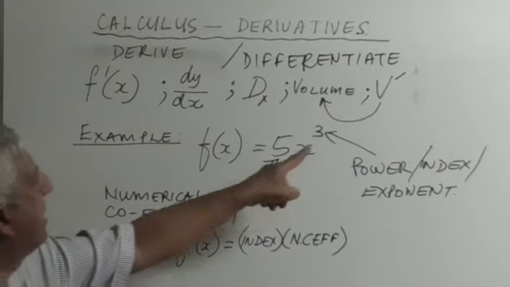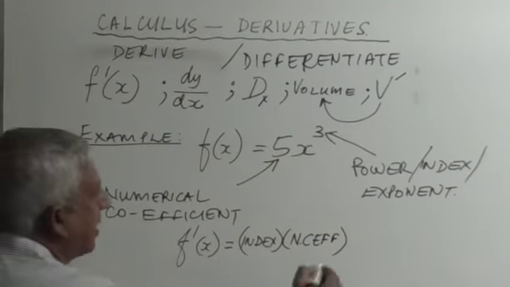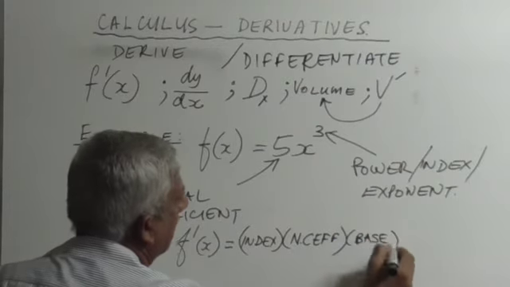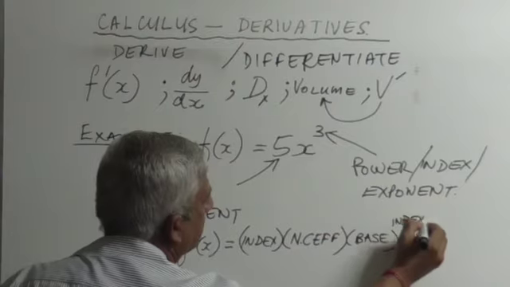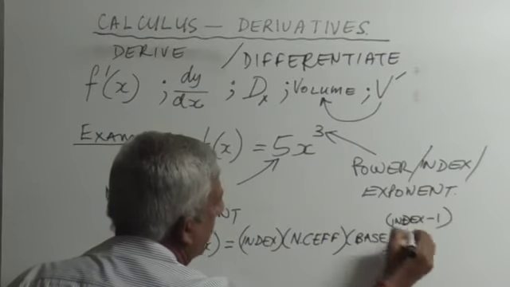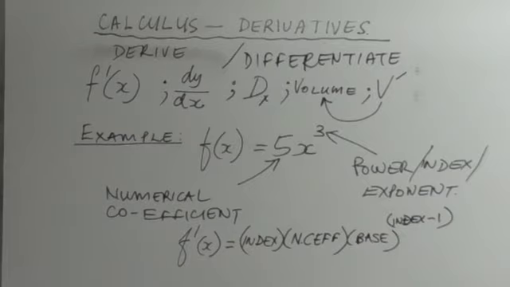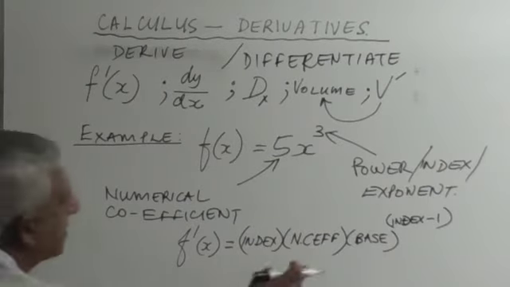It will be the index times the numerical coefficient. Then you write down the base, and then it will be index minus 1, always index minus 1. So f prime x will be index times the numerical coefficient, then write down the base, and then index minus 1. So there's 3 steps.